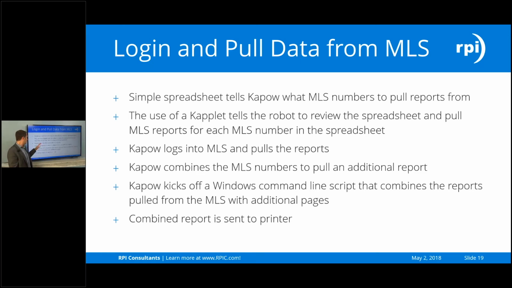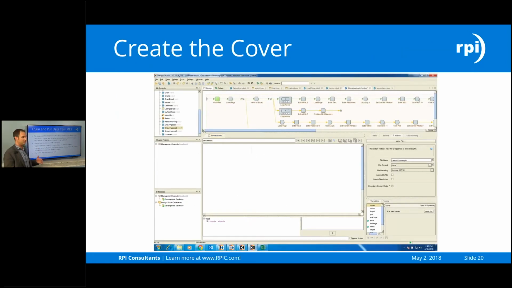Finally, once it's pulled all of the sheets from MLS, all those PDFs, it's written all the notes pages, it's going to combine all of those pages into a quick, simple, pretty little package. So as I discussed, step one is to create the cover. So what that means is that it is writing a file to the file system that is going to be the cover of this book once it's compiled.